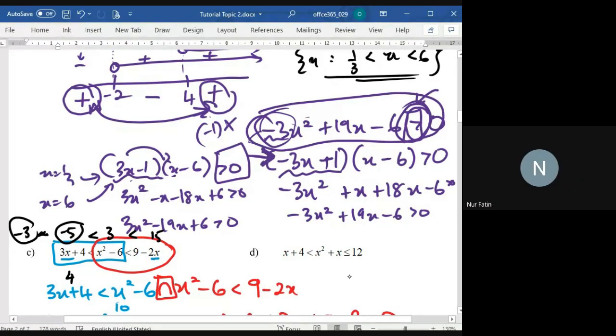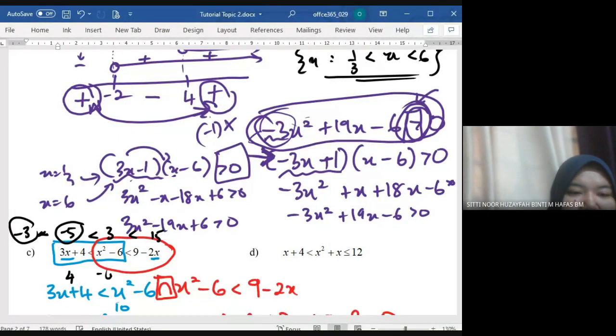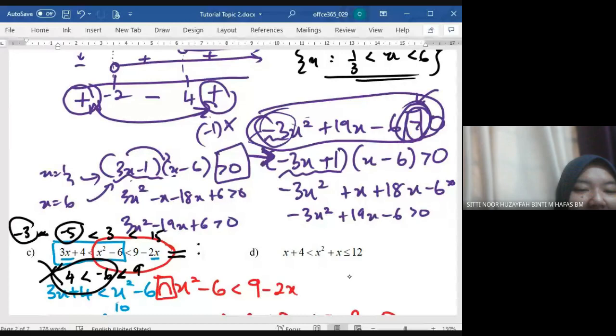Tengah-tengah kosong tolak 6, -6. So belah kanan 9 tolak 2 darab kosong, 9. So yang ini betul. -6 memang kurang daripada 9. Tapi belah kiri ni betul tak statement dia? 4 kurang daripada -6. Ni salah kan? Ni salah. So dia satisfy yang inequality ini saja. So tak betul lah kalau kita ambil kosong.